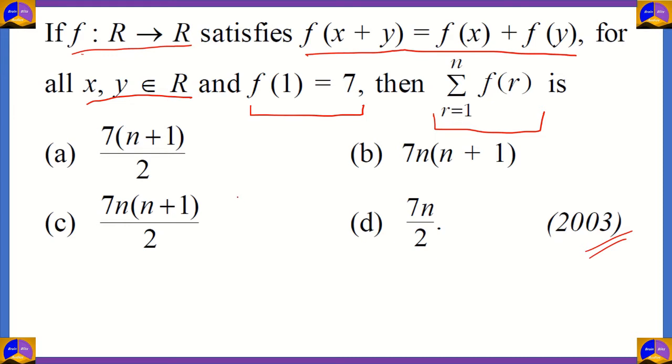So f is a relation from R to R such that f of x plus y equals f of x plus f of y for all x and y belonging to R, and f of 1 is equal to 7.